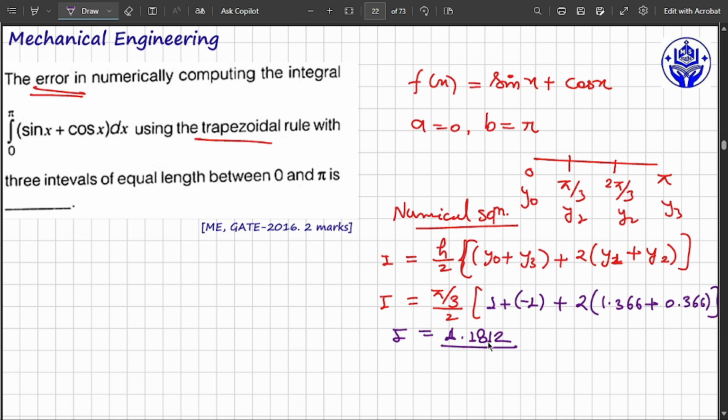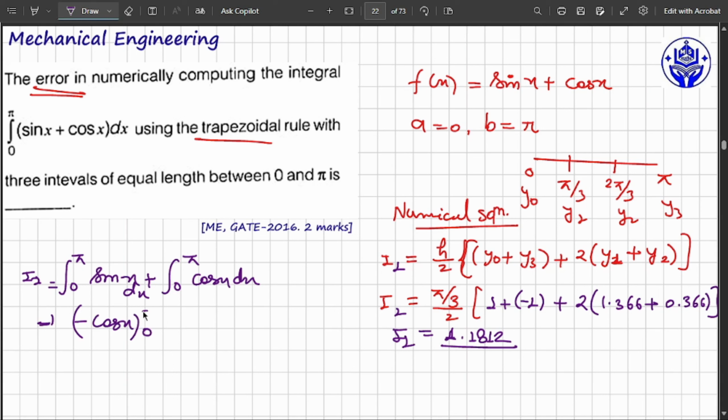Okay, 1.1812. Now we'll integrate using the ordinary method, that will be I2. We can separate it easily. The integration of sine x is nothing but minus cos of x from 0 to pi.